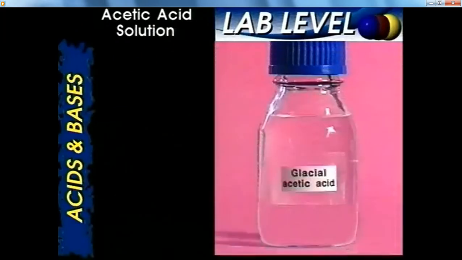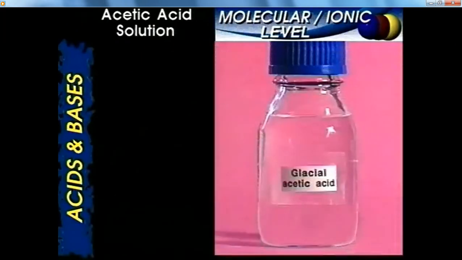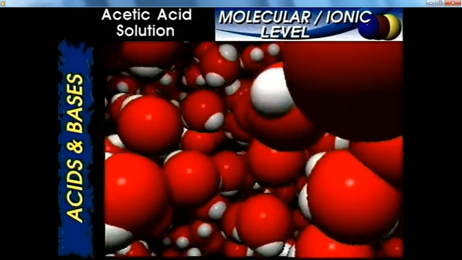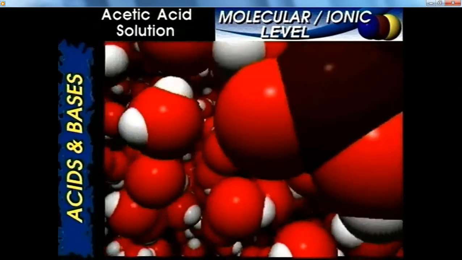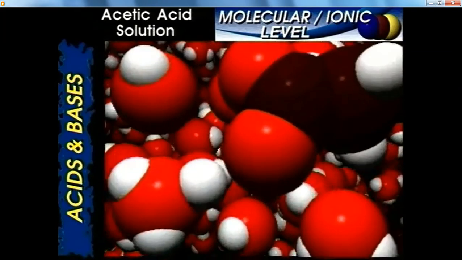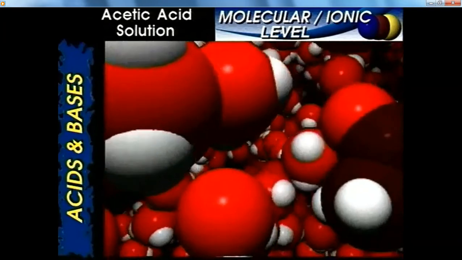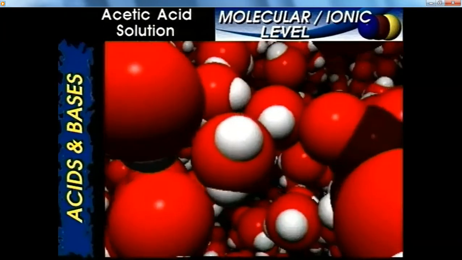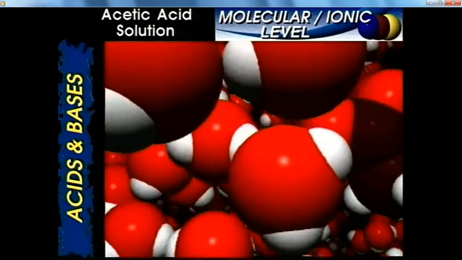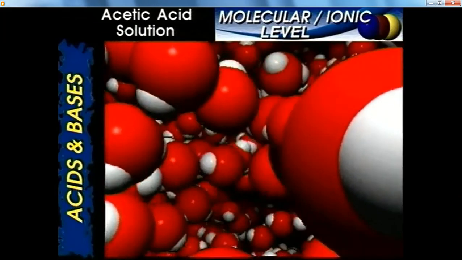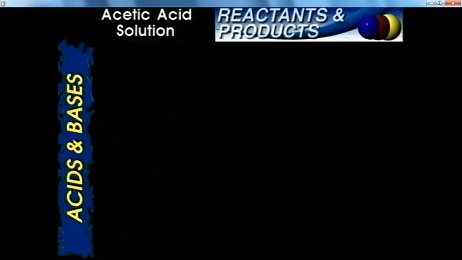Glacial acetic acid added to water produces an acidic solution. See how a water molecule is able to remove a hydrogen ion, or deprotonate, the acetic acid molecule. Only the hydrogen atom bonded to the oxygen is acidic.